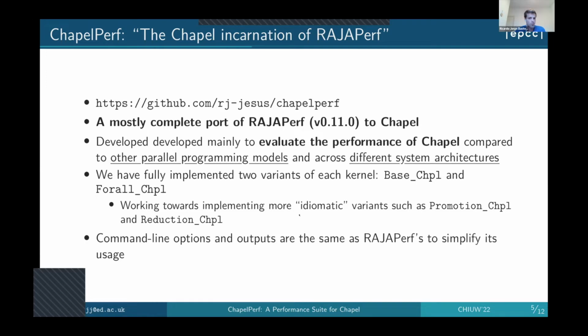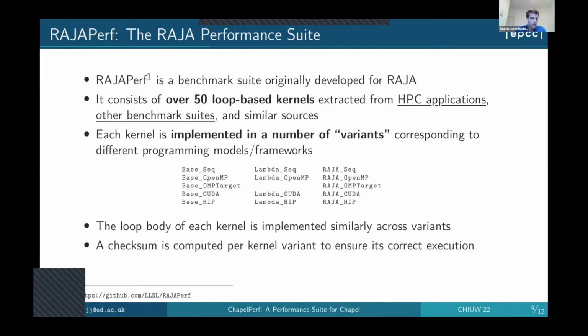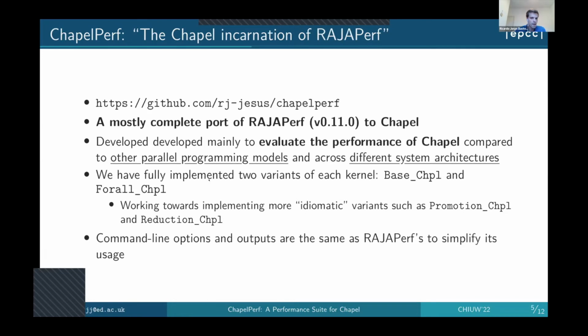So far, we have fully implemented 2 main variants of each kernel in Chapel, which correspond to baseline Chapel sequential implementations, and forall Chapel, which is the baseline parallel implementation in Chapel, analogous to the base OpenMP variant of RAJAPerf. We've developed ChapelPerf to be a drop-in replacement for RAJAPerf, and so it accepts the same command line options that RAJAPerf does, generates the same outputs in the same formats as RAJAPerf so that you can easily compare both.